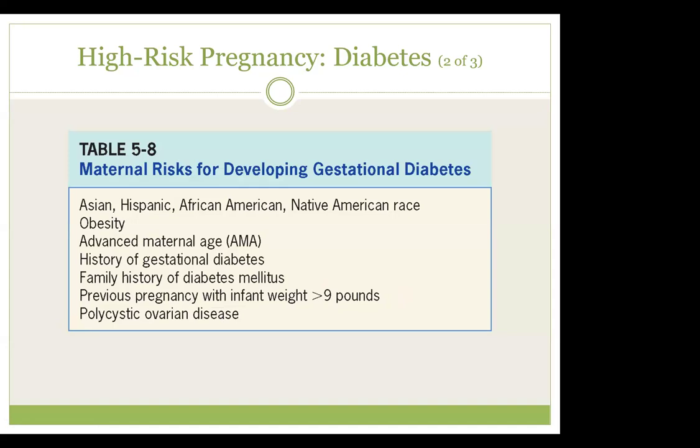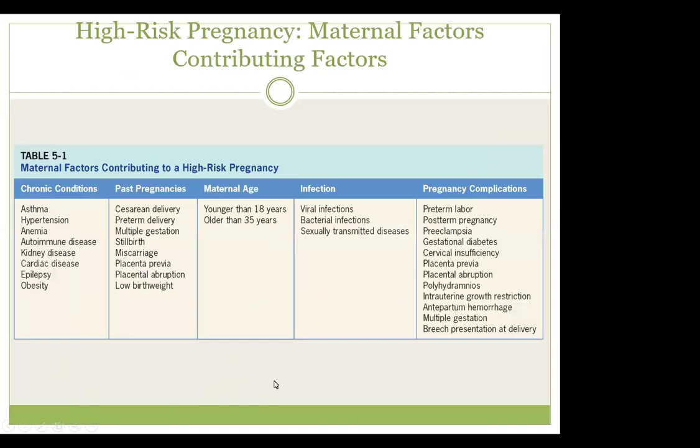And patients with polycystic ovarian disease have a higher chance of gestational diabetes because most of them are insulin resistant. And most patients with PCOS are on some type of insulin or glucose stabilizing drug.